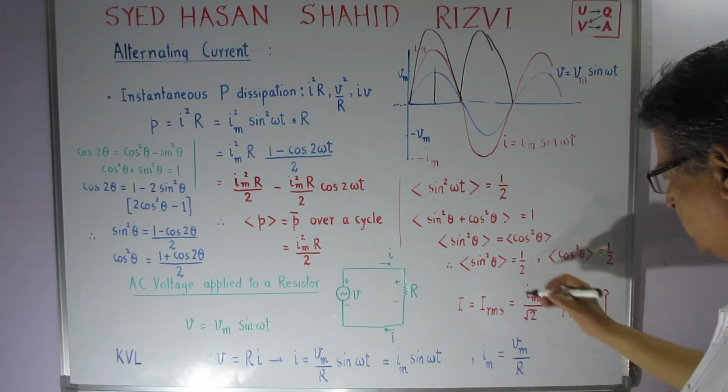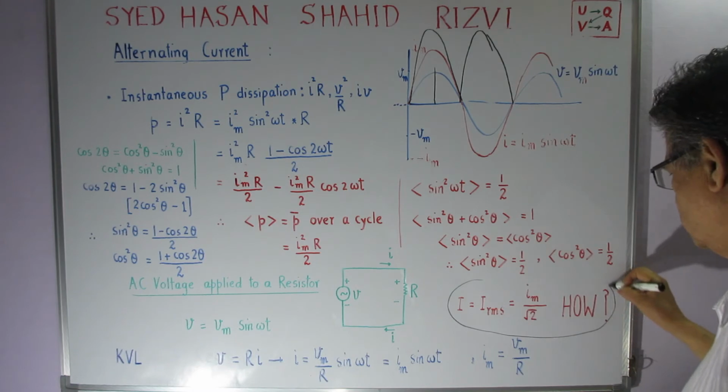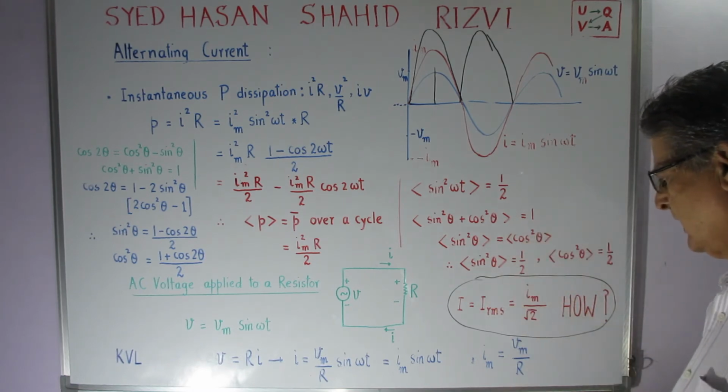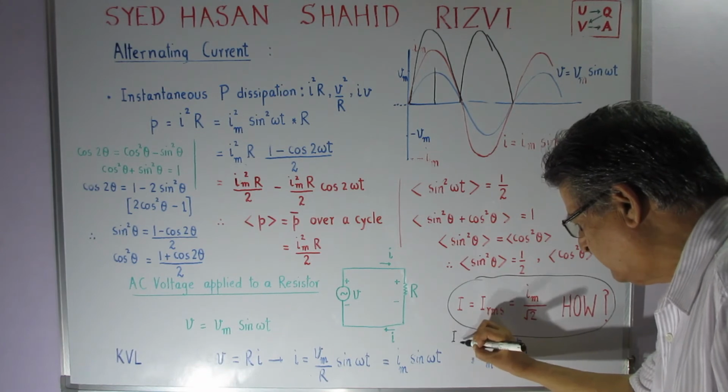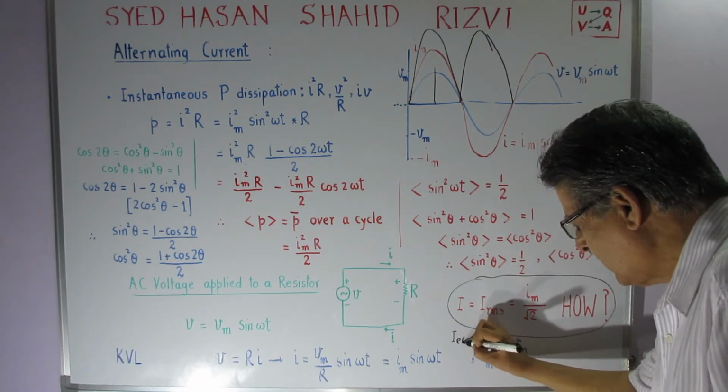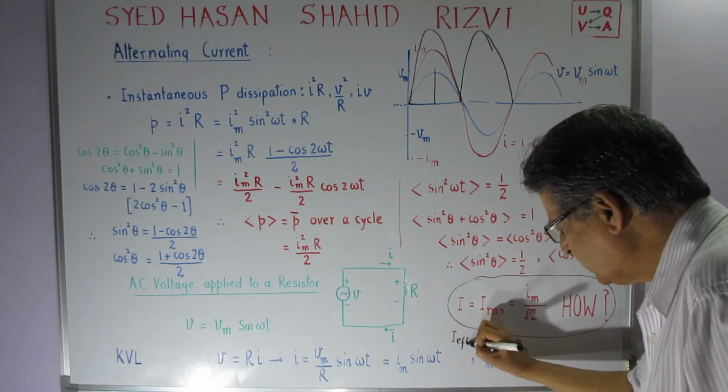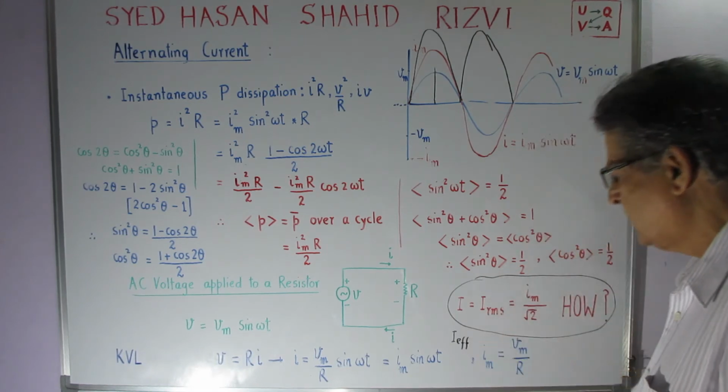is to define the value of I, which is also called I effective. Now, effective: how effective it is. Okay.